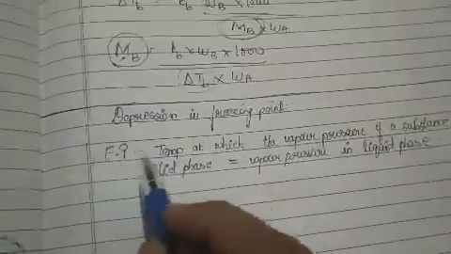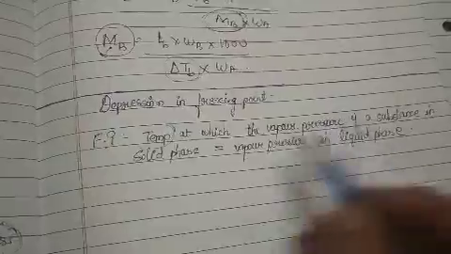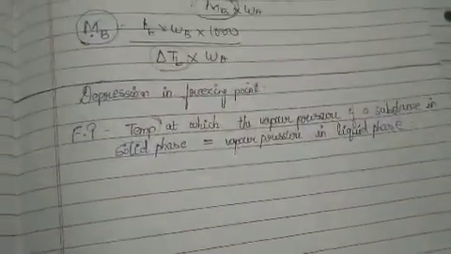So freezing point means you are determining a temperature at which the vapor pressure of a substance in a solid phase is equal to the vapor pressure in the liquid phase.